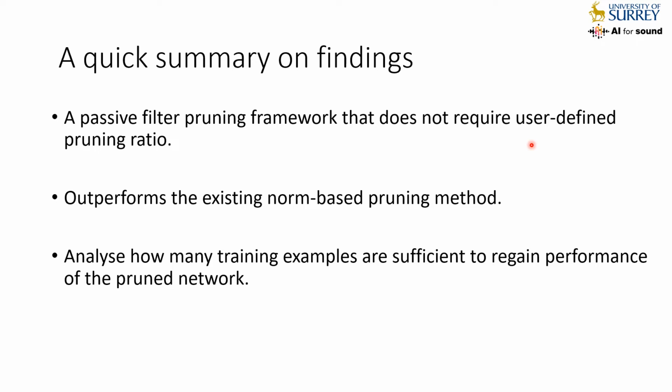The proposed similarity based method outperforms the existing norm based pruning methods. We also analyzed how many training examples are sufficient to regain the performance of the pruned network, and found that only 75% can be used to regain the performance, as compared to fine tuning with all the training examples.